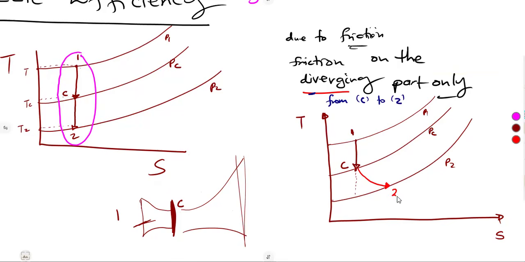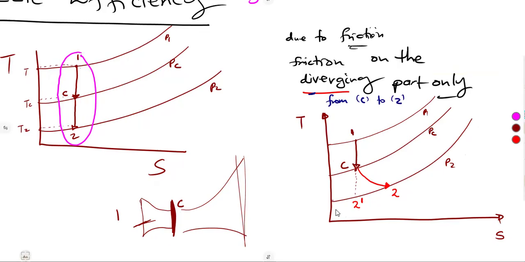So this will be our point 2. So what about this one? Because we are supposed to still have our adiabatic expansion ideally. It is supposed to still occur. So the reflection of this 2 will be 2 bar.